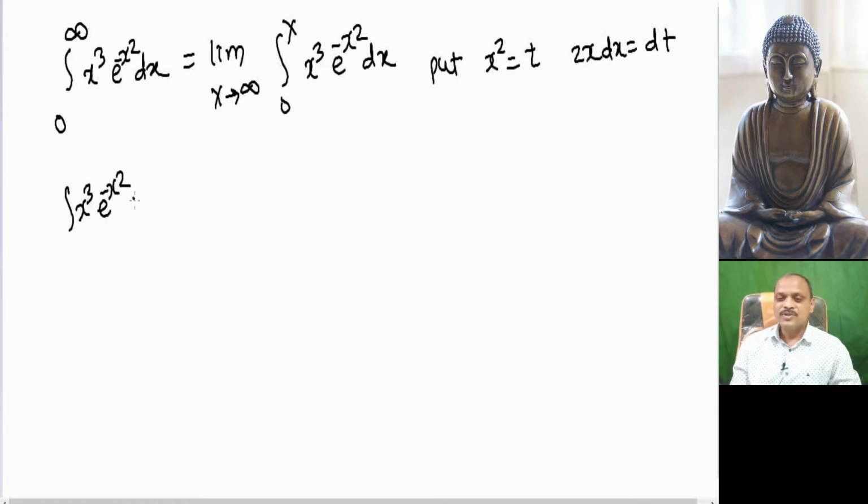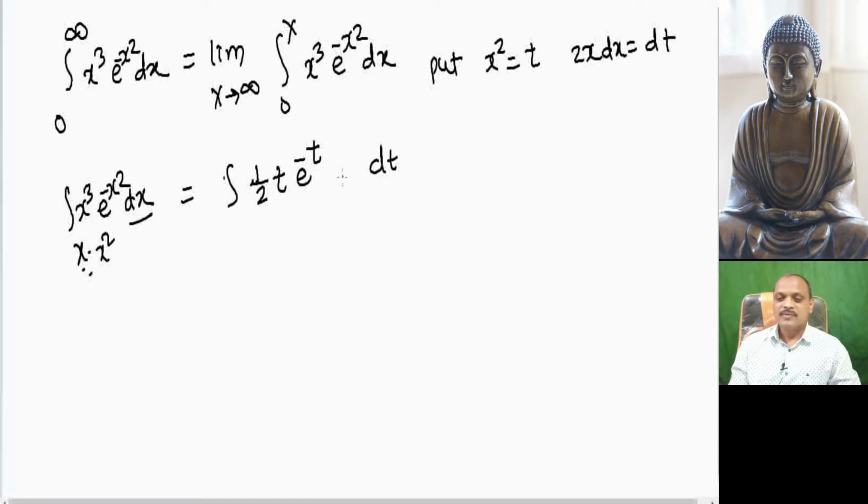This becomes integration of x cube, that means x square into x. So x into dx is 1 divided by 2 into dt, and x cube we have distributed into x square and x. So x into dx is dt by 2, and for this x square we write t, e raised to minus t into dt.